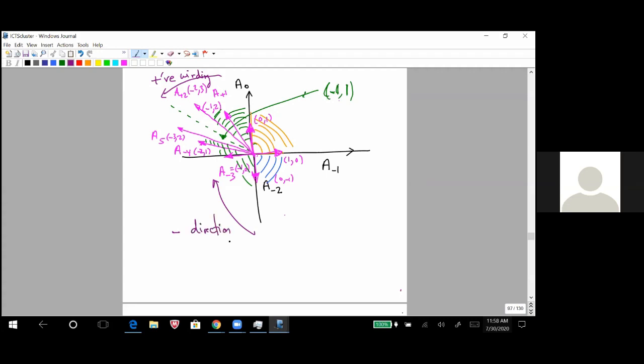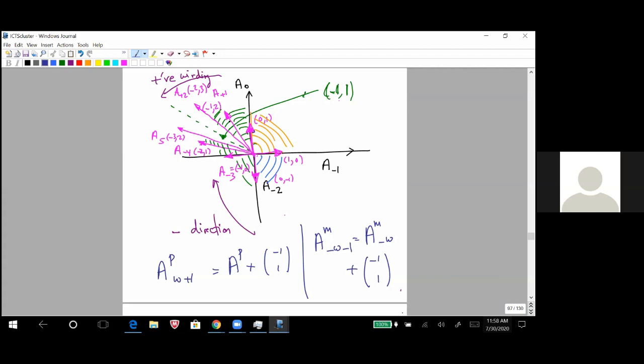And if you just look at what I've drawn, you can see that on the positive winding side, a positive winding plus 1 is just equal to a positive winding plus the vector minus 1, 1. And on the negative side, a negative winding minus 1, more negatively wound, is a negative winding plus exactly the same vector, minus 1, 1. So we can just observe that from this picture.